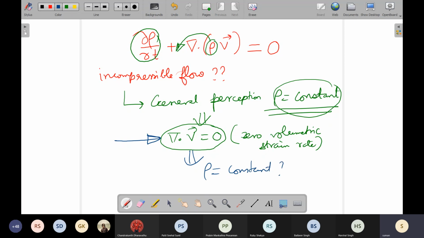This is the most fundamental question that we want to see. Rho equal to constant implies zero volumetric strain rate, but does zero volumetric strain rate necessarily require rho equal to constant? This is the subtle question that we would like to answer.